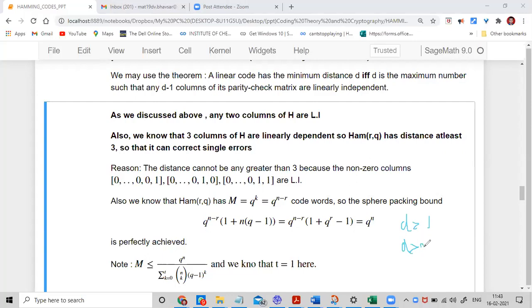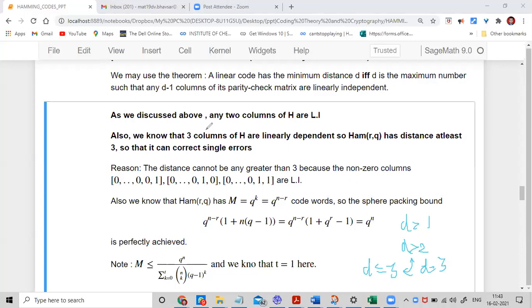So now it is 3 or more. But whenever you get 3 linearly dependent columns, then the distance is less than or equal to 3. It cannot be greater than 3. Now from these two, we get distance equal to 3. That is the proof for d equal to 3 exactly.